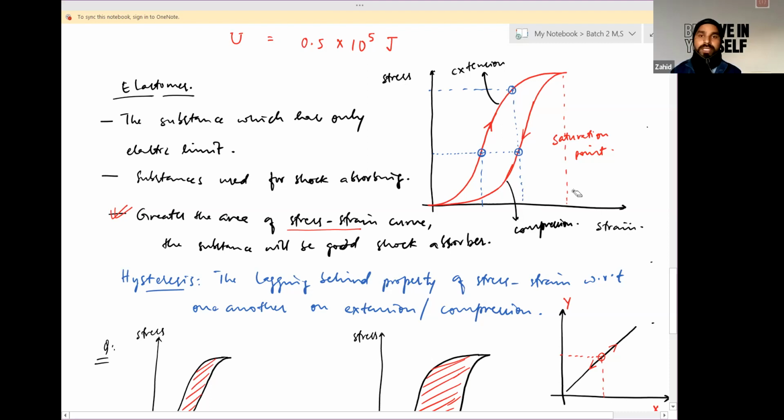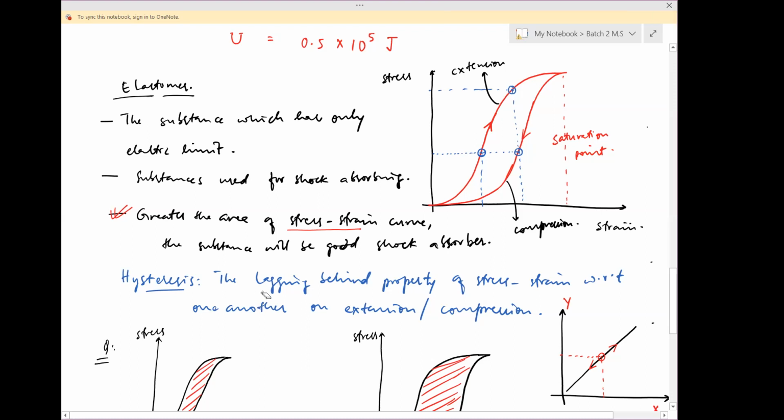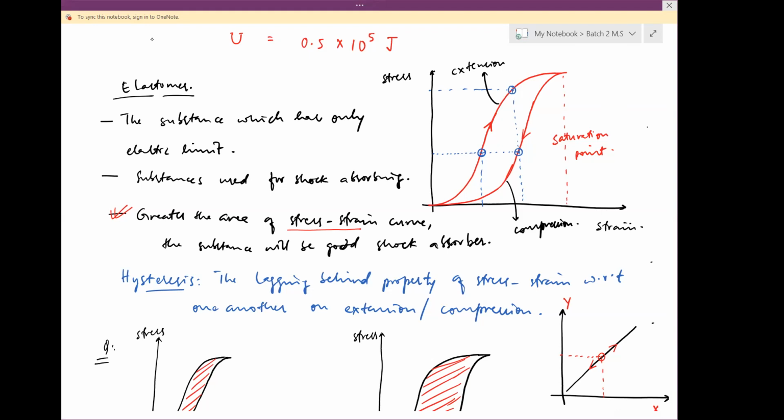There is some change. While extension, rate of change between stress strain is different, and while compression, rate of change in stress strain is different. This different behavior or lagging behavior of one with respect to another is called hysteresis. Is it clear now? Yes, sir.